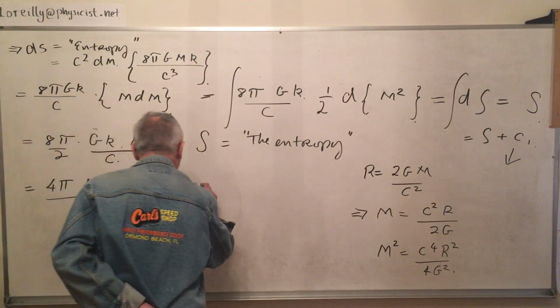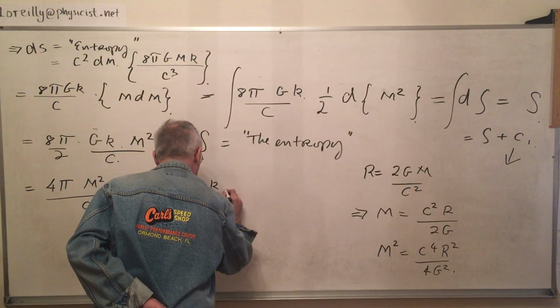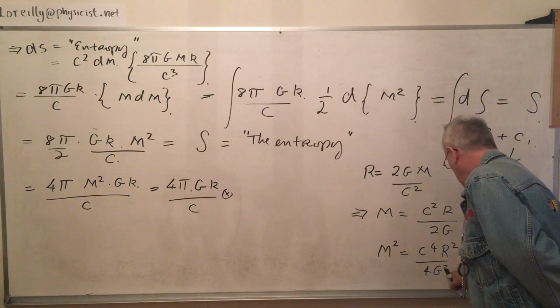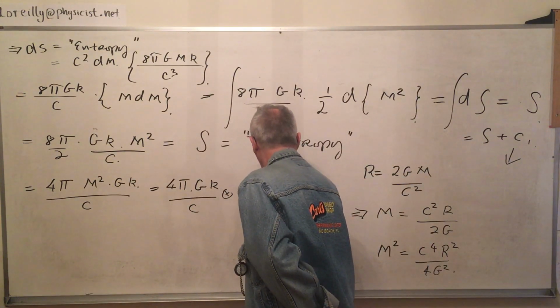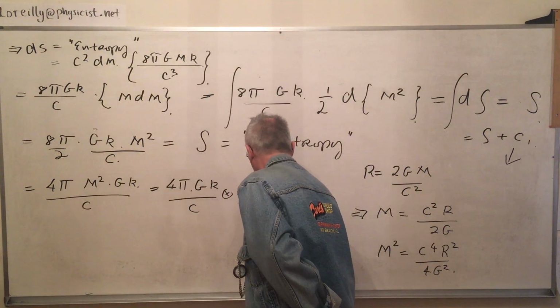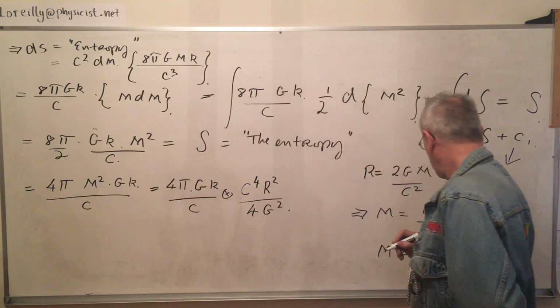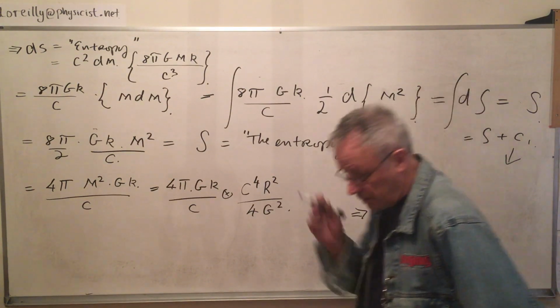M squared G k. Putting in for the M squared, c to the fourth r squared over 4G squared. So far so good. Doesn't look like it's coming out the way I want it.